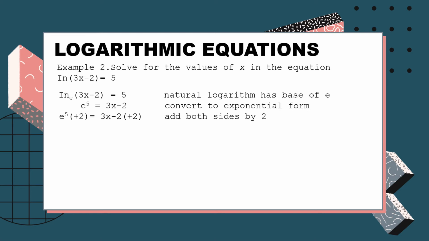And we add 2 to both sides so that the only remaining will be 3x. So 2 plus e raised to the power of 5, divided by 3, equals x. The approximate value of x should be 50.14.